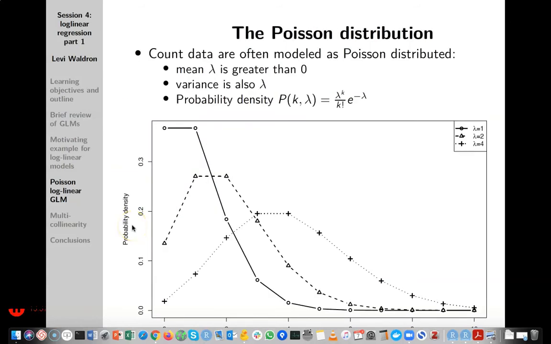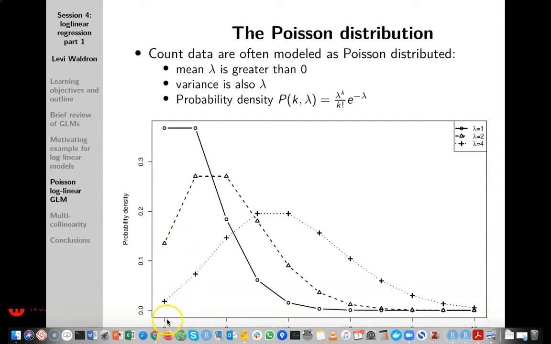So how does the Poisson distribution fit in? Well, that is the distribution that we use for count data in some situations like this. So it's nothing exotic. It's just a distribution like the normal distribution that you're familiar with, except that it has non-zero probabilities only for integer values.